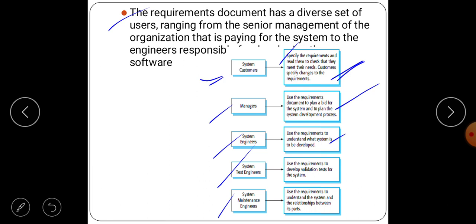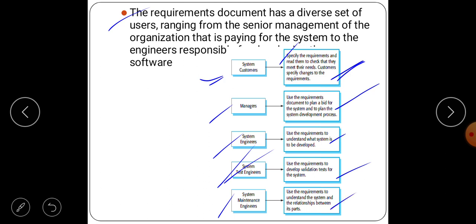Next, system engineers: why are they going to use this software requirement document? They use the requirements to understand what system is to be developed. The development engineer will use this document to know what system should be developed. Next, system test engineers use the requirements to develop validation tests for the system. They understand the requirements and prepare the test cases, meaning the testing set will be created, so the test engineer will use that document.